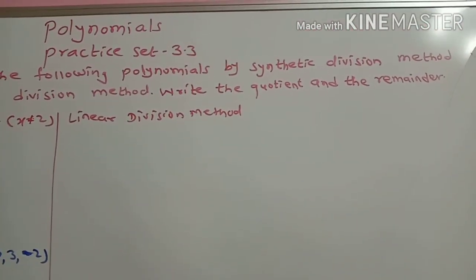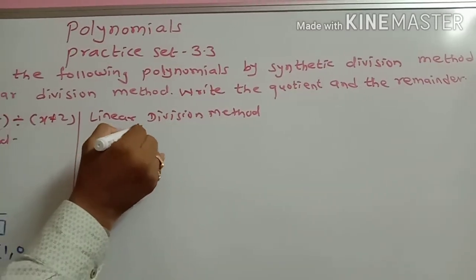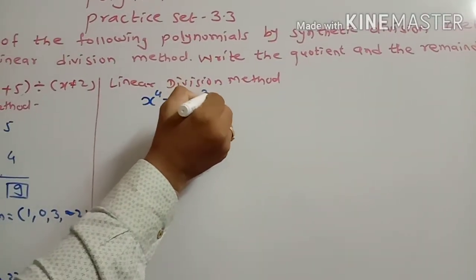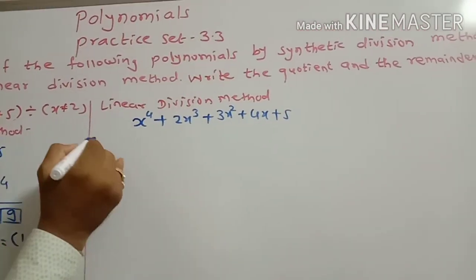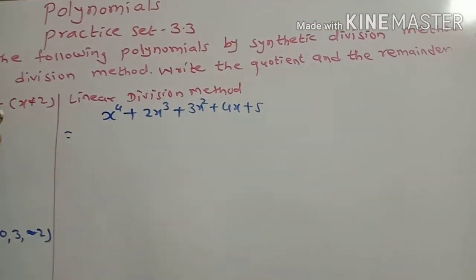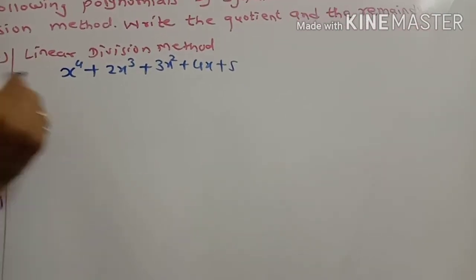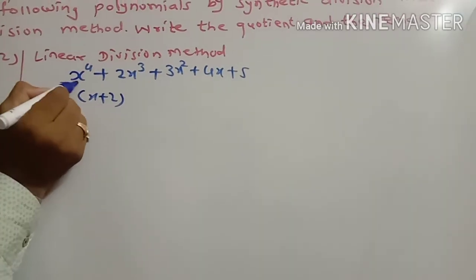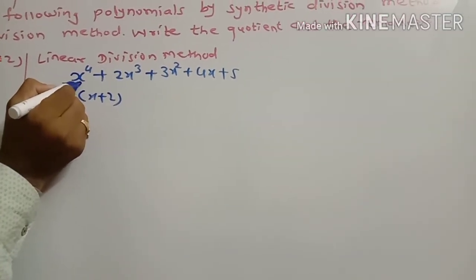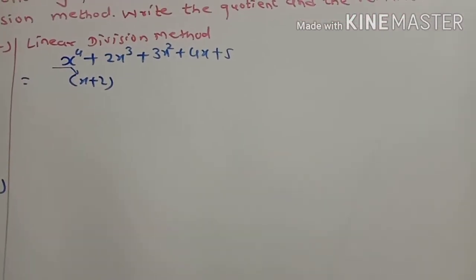Now the given polynomial, the dividend, is x raised to 4 plus 2x cube plus 3x square plus 4x plus 5. Firstly I write the divisor x plus 2. Now from the first term, x raised to 4, I write x in the first bracket.